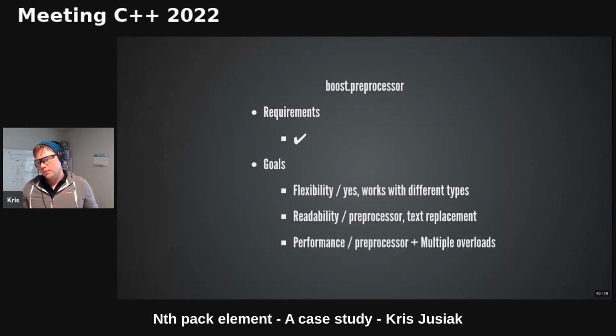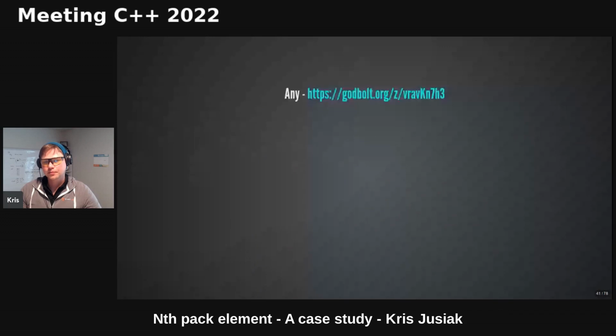How that compares in performance, that'll be something we'll see later. As I pointed out, there are multiple overloads precompiled in that case, so maybe it would be good for precompiled headers or something, but that's the solution which you have.